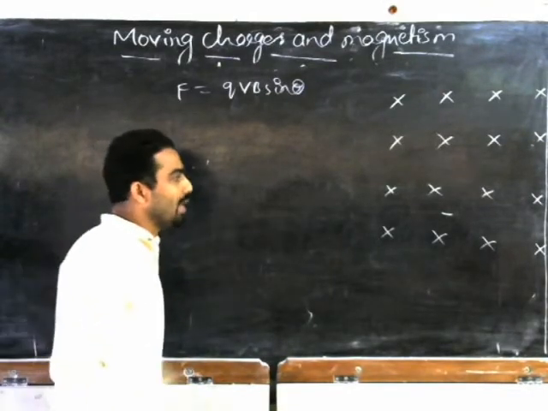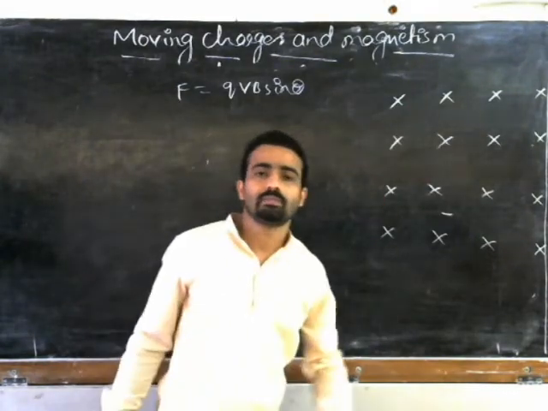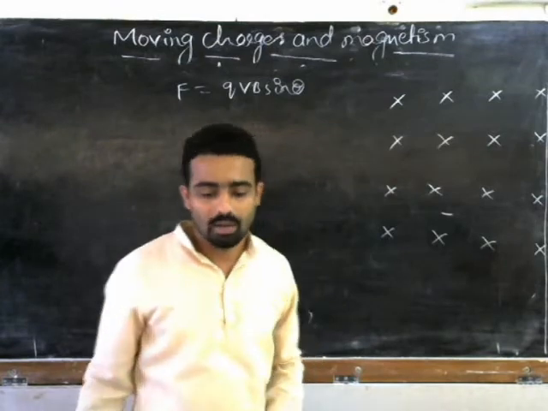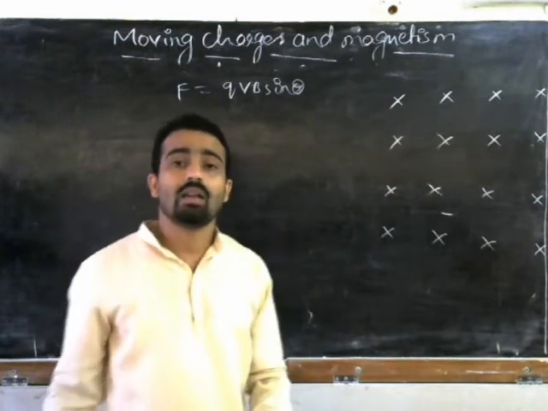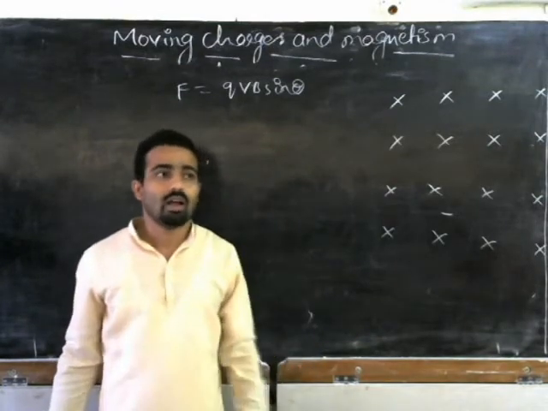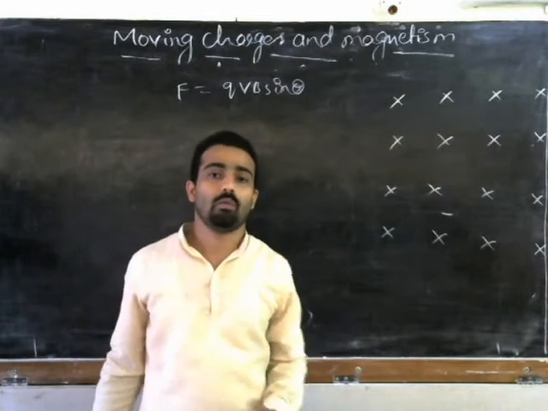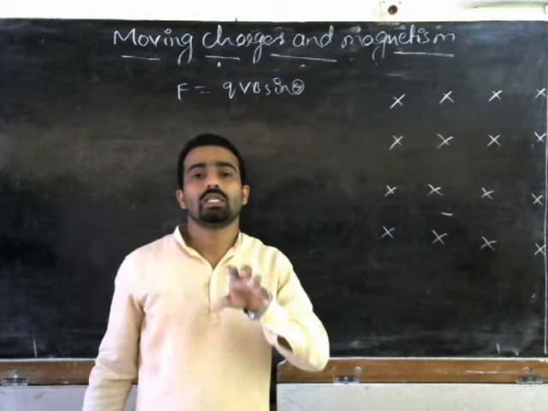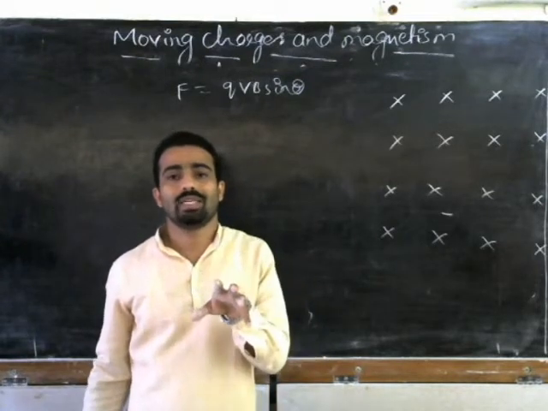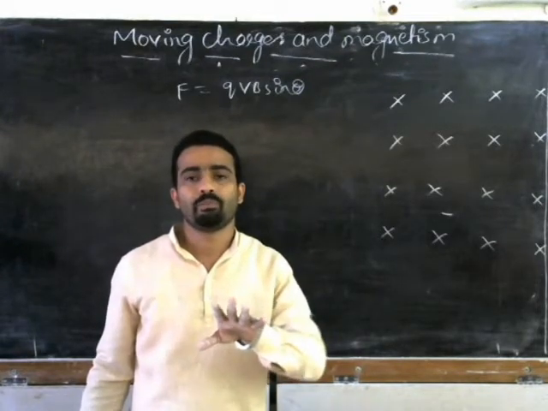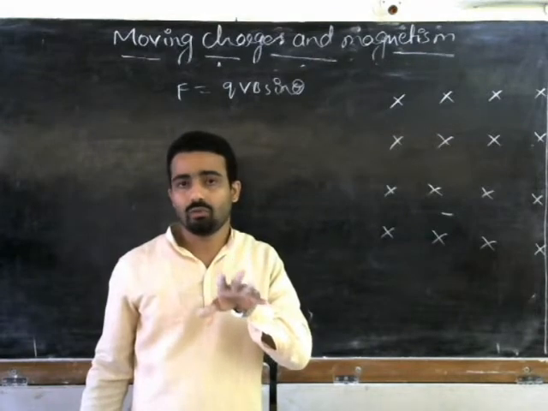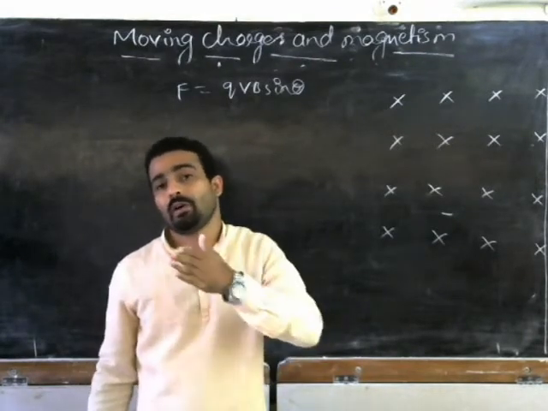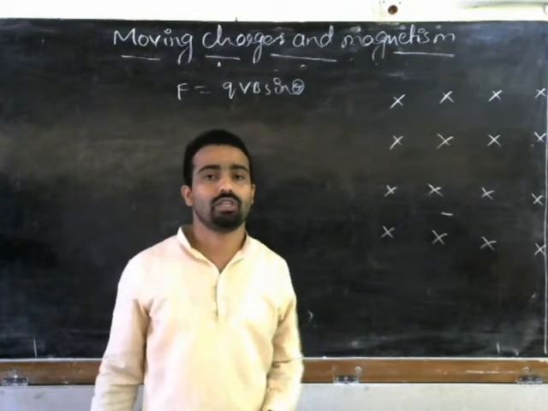The direction of the force acting upon it will be given by a rule called the Fleming left hand rule. Already I have given the right hand rule. The direction of force will be perpendicular to the direction of the magnetic field as well as the direction of velocity.